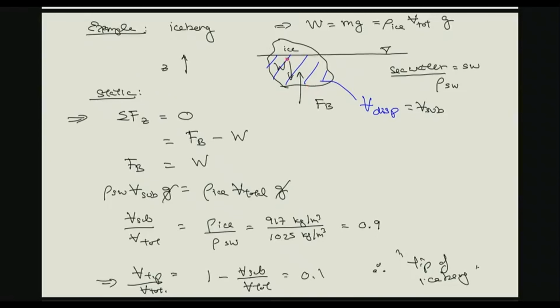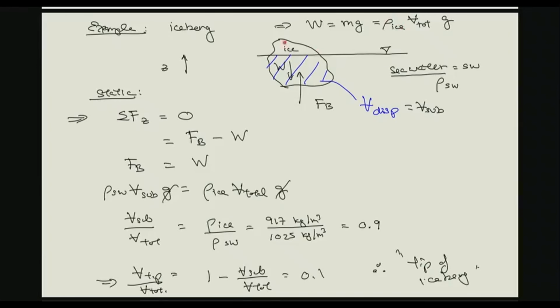And so we have this displaced volume. The entire weight of this iceberg is W. We also have the buoyancy force acting on the iceberg. It is submerged in seawater, which has density rho SW. The weight can be expressed as mg, in terms of the density of the ice.